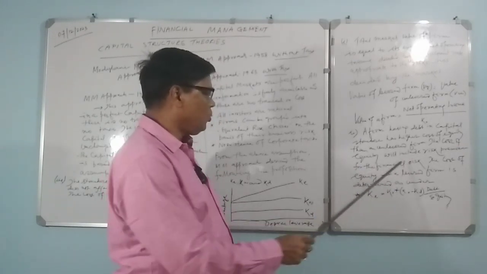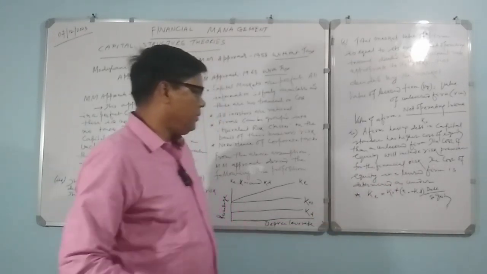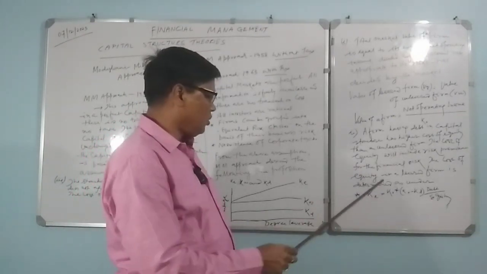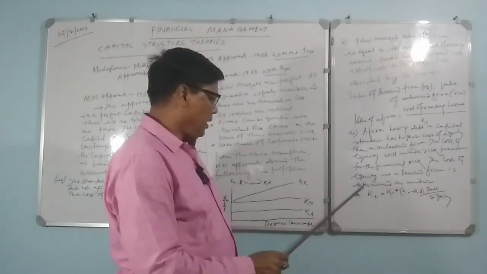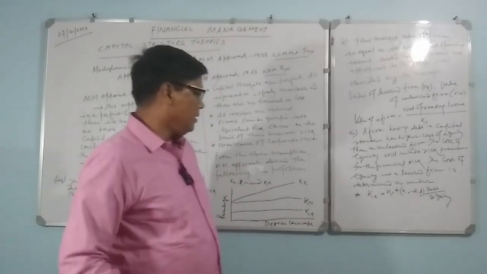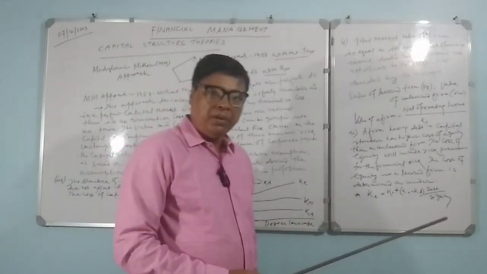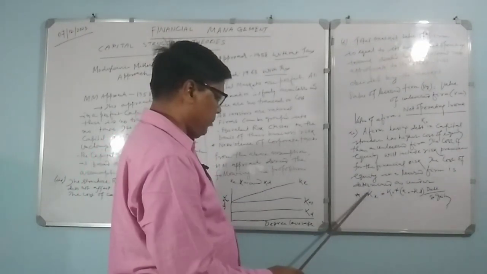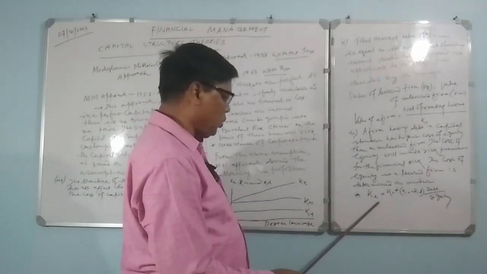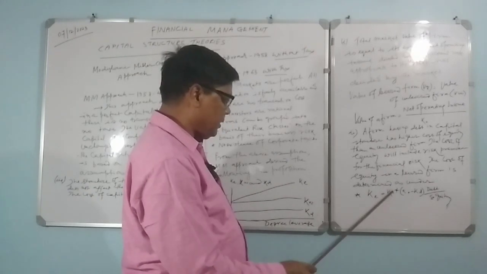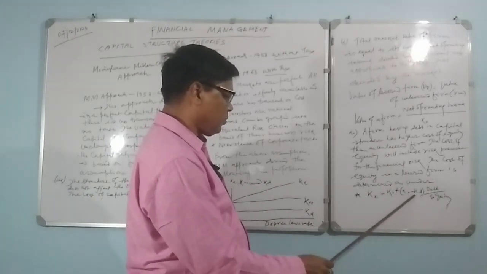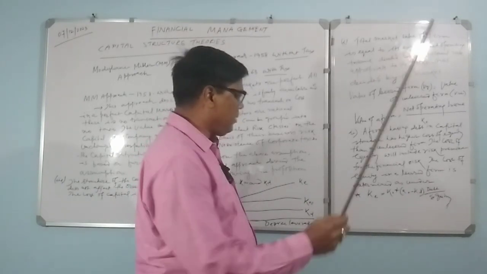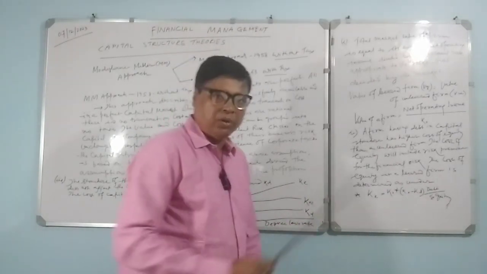The cost of equity will include a risk premium for the financial risk. In a levered firm, where there is equity as well as debt capital, the cost of equity equals the overall cost of capital plus the overall cost of capital minus the cost of debt, multiplied by debt divided by equity. So this is the second point.